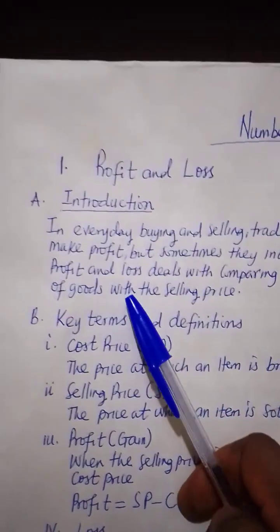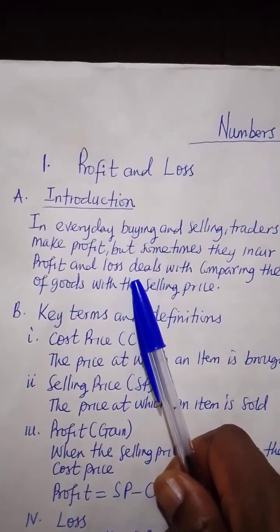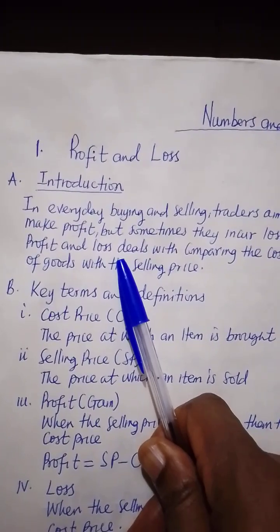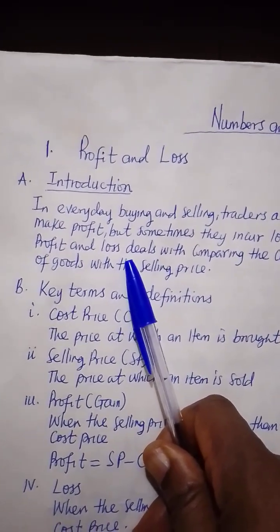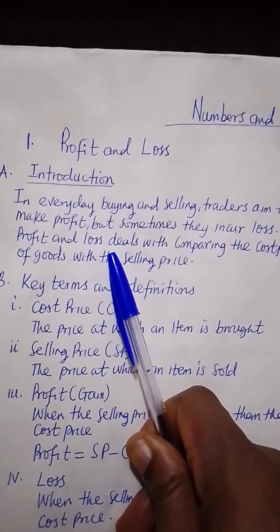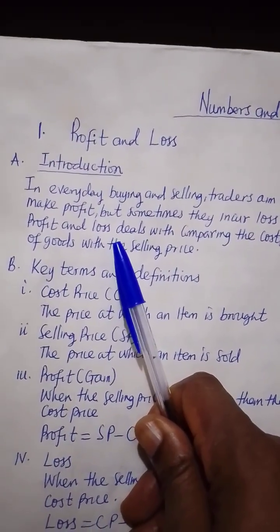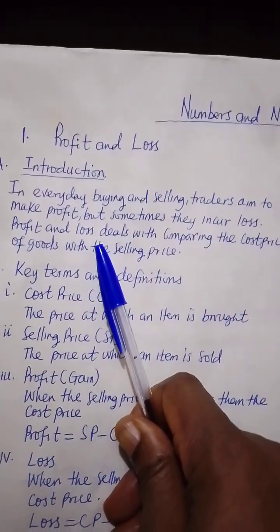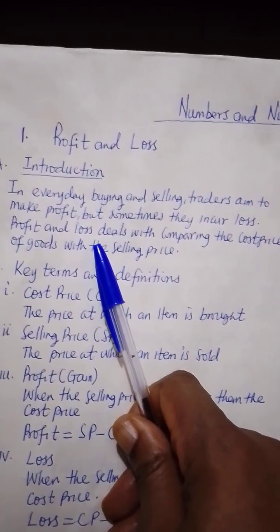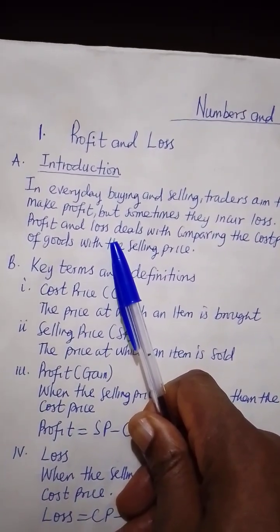So let's see the introduction. Profit and loss is actually a very familiar topic, and sometimes it could be a little bit difficult to solve problems on profit and loss. So we're going to be looking at the more difficult questions.